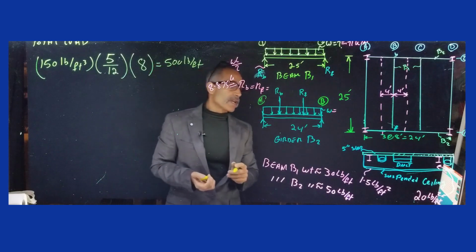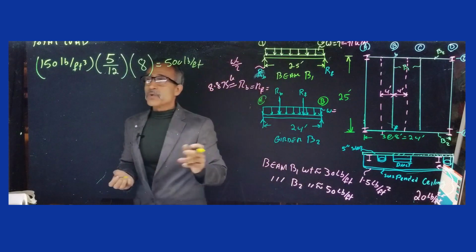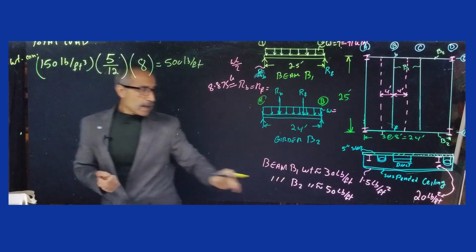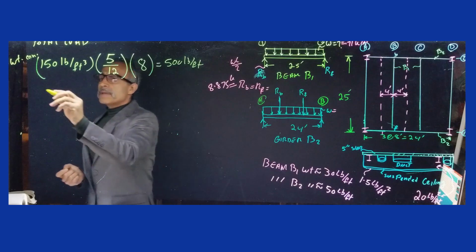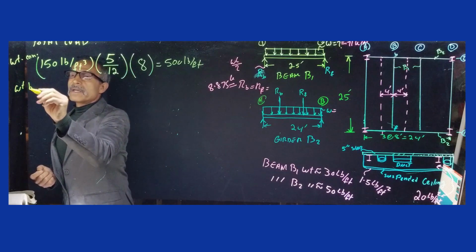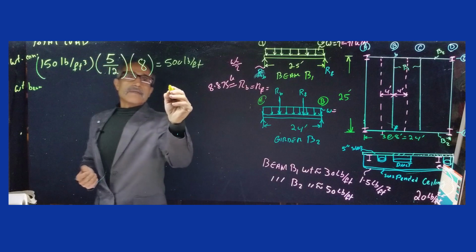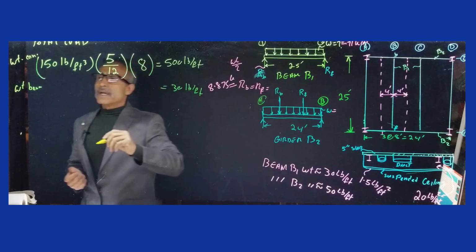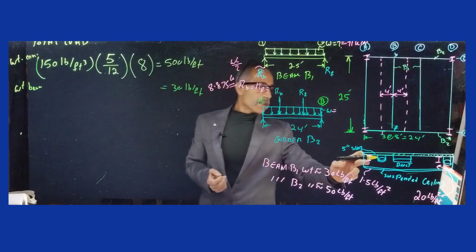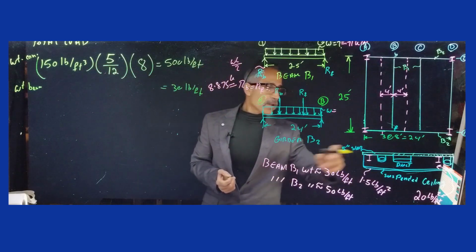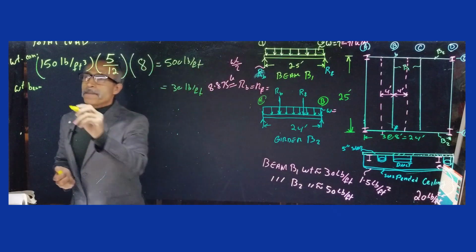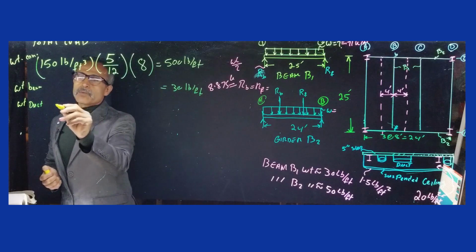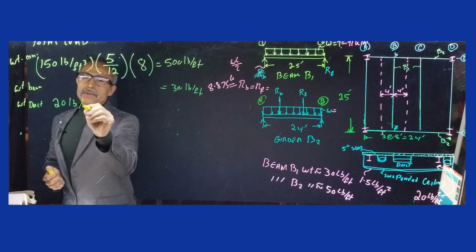Next, let's find the weight of the beam itself, which was given to us. So this is the weight of the concrete, and the weight of the beam was given as 30 pounds per foot. Then the weight of the duct and all the stuff, which was 20 pounds per square foot.